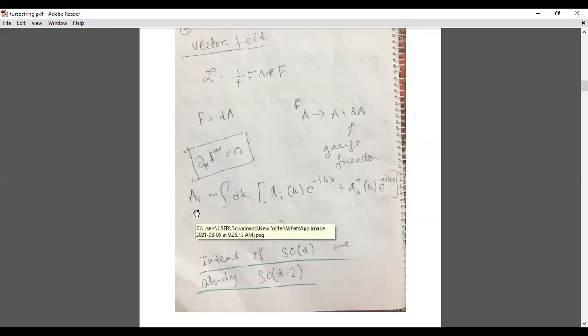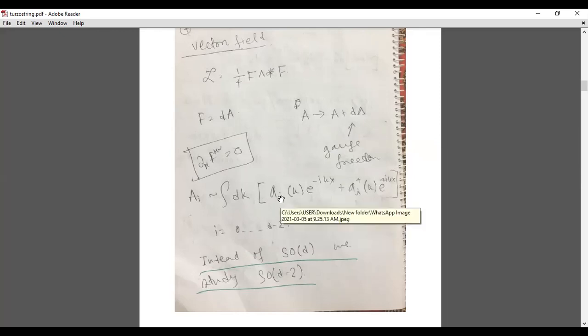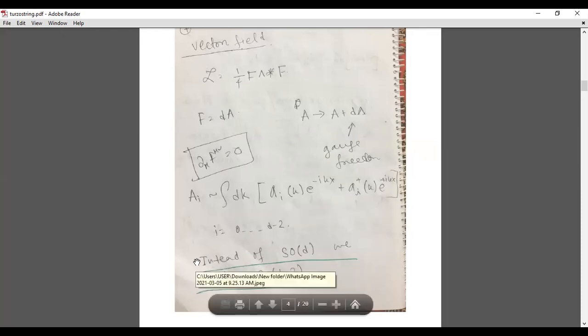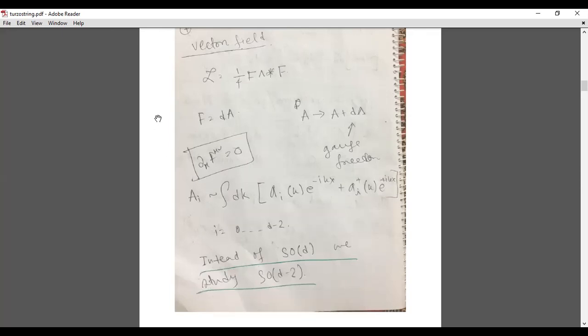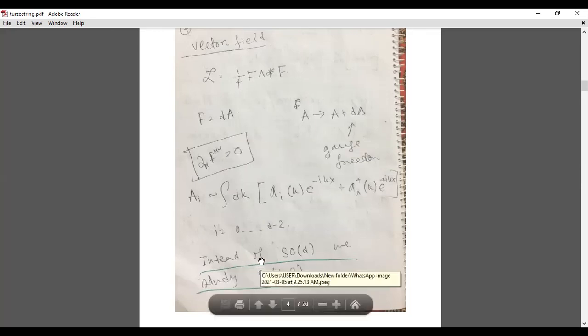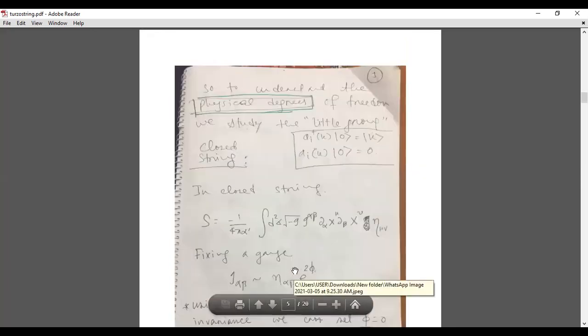But note that here we have an A_i, which has a space-time index, right? And when we try to understand the physical degrees of freedom of these vector fields, we always study not the representation of SO(d-1), but SO(d-2), because of the gauge degrees of freedom.